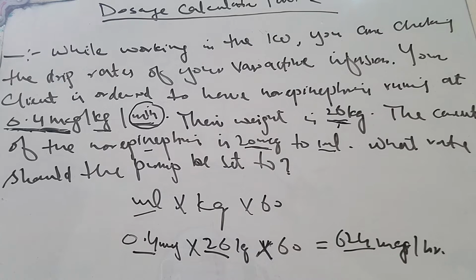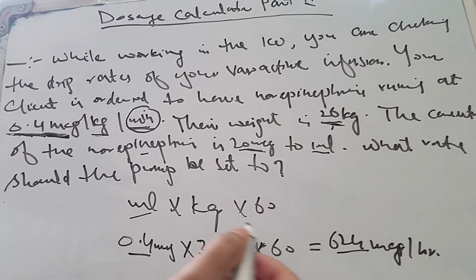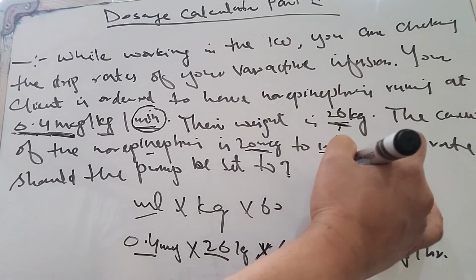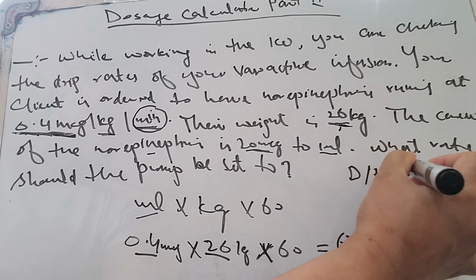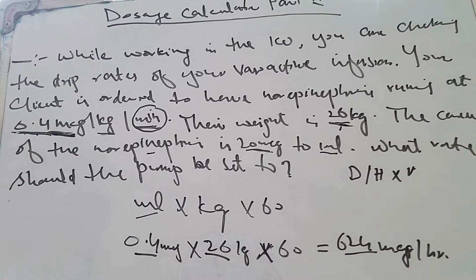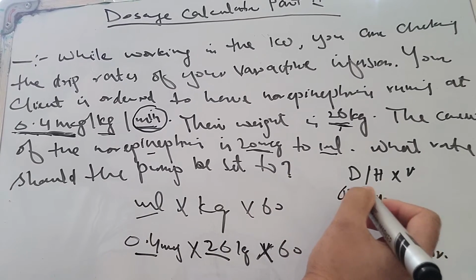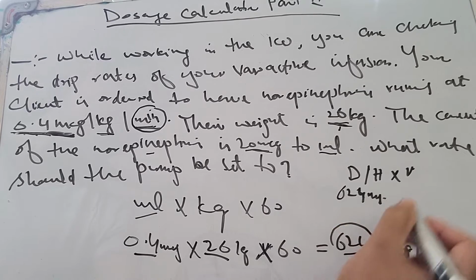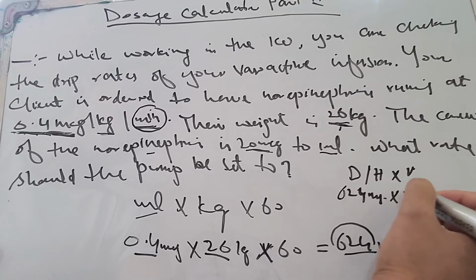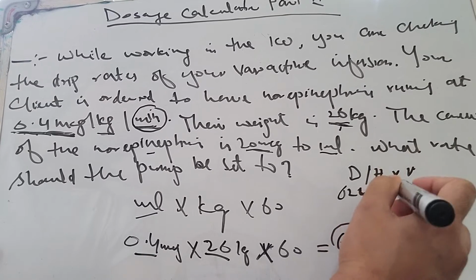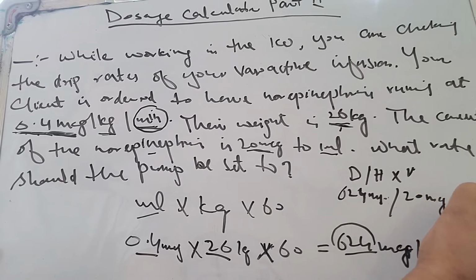Now we want to implement our formula. So our formula is desired divided by hand multiply by vehicle. Our desired dose is 624 microgram, divided by what is in our hand: 20 microgram, multiply by vehicle, 1 ml.